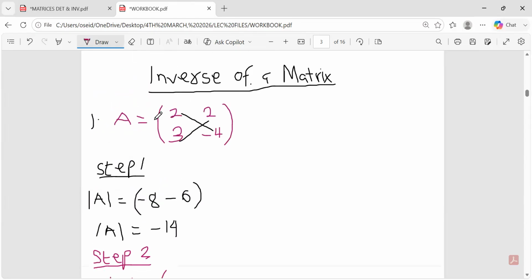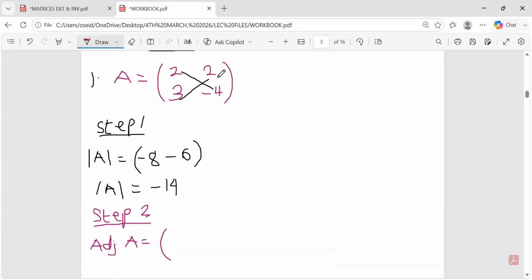Let's look at our elements here. We have 2, 2, 3, 4. The rule for the adjoint of a matrix says we should interchange the leading diagonal, which are 2 and 4, so we change their positions. We are going to get negative 4 and 2.